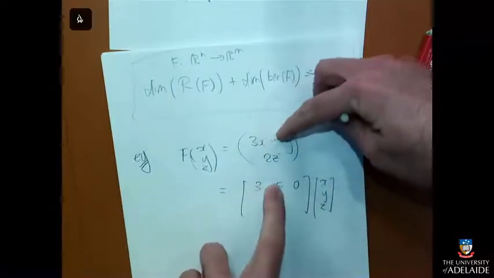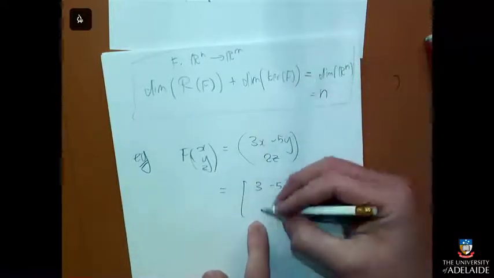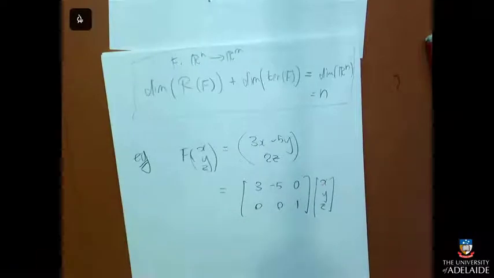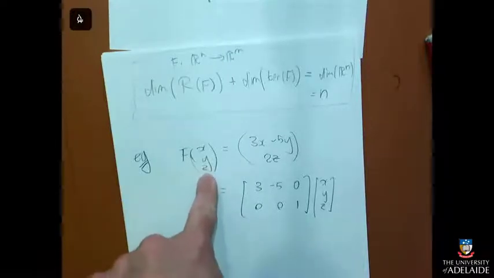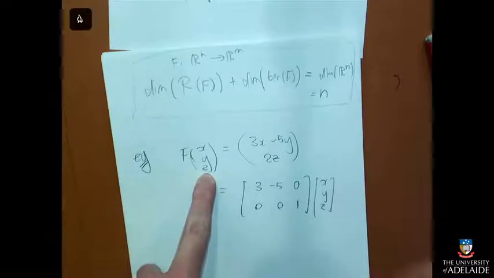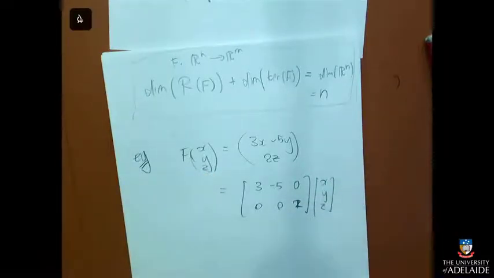It's 3 x's, minus 5 y's, and no z's; and no x's, no y's, and 2 z's. Okay? My before spaces are 3. Did I do that wrong? 2z. Thank you. Can't read my own writing. Yeah, there is one z written, but there's 2 of them.